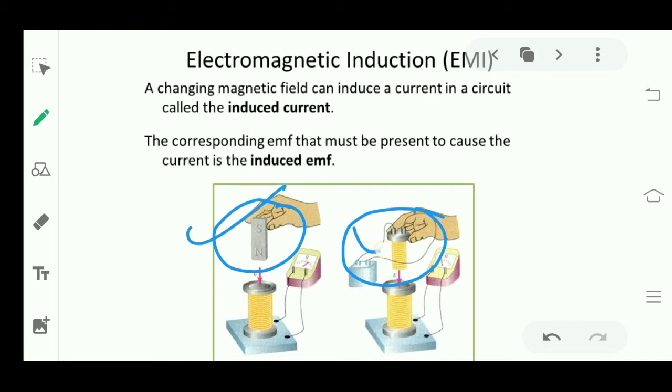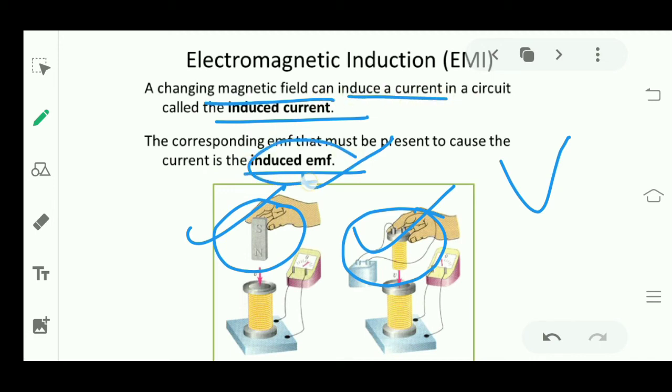So in both cases the magnetic field is changing. If the magnetic field changes, then there will be a voltage, that is induced EMF, and the current because of this voltage is known as induced current. Whenever the magnetic field changes, there will be induced current because of induced EMF.